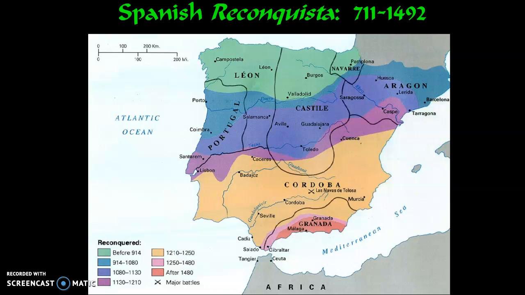This is a map of Spain, and for the most part, we're not really looking at the Crusades as they extend beyond the Middle East, but it's important to note that there are Crusades that happen in Eastern Europe.